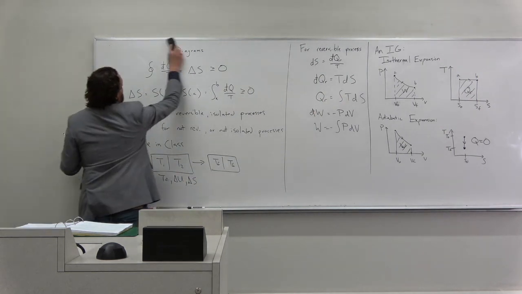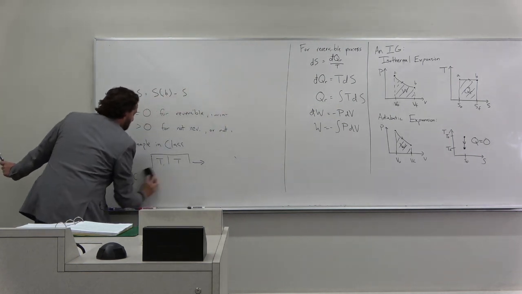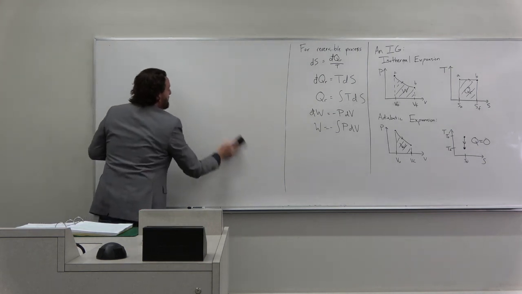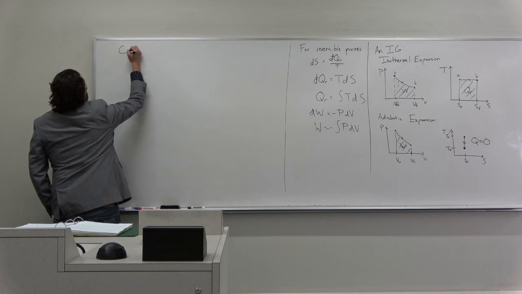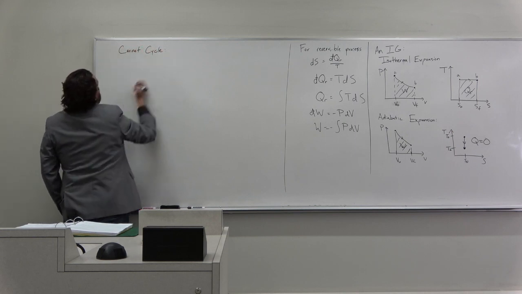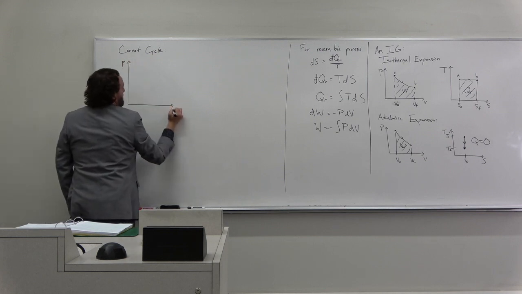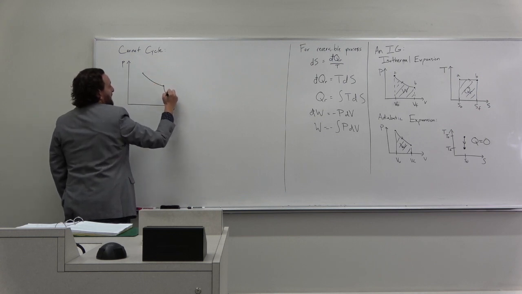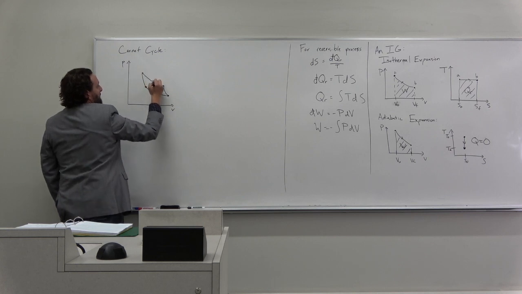Okay, let's put those together for a Carnot cycle. So a Carnot cycle, of course, on a PV diagram was an isotherm to an adiabat to an isotherm to an adiabat, remember?